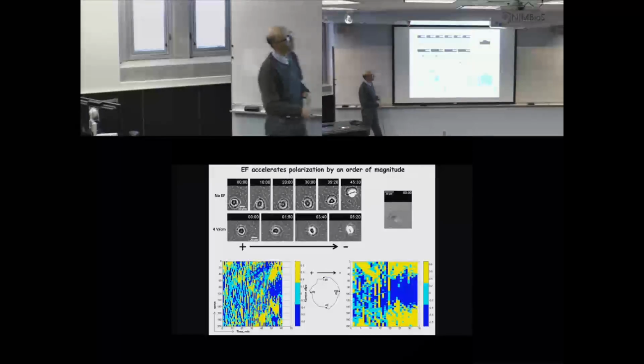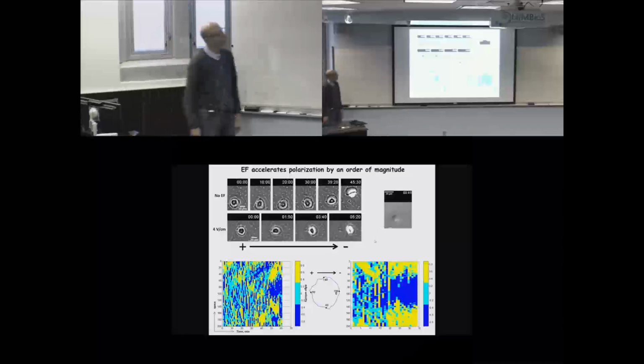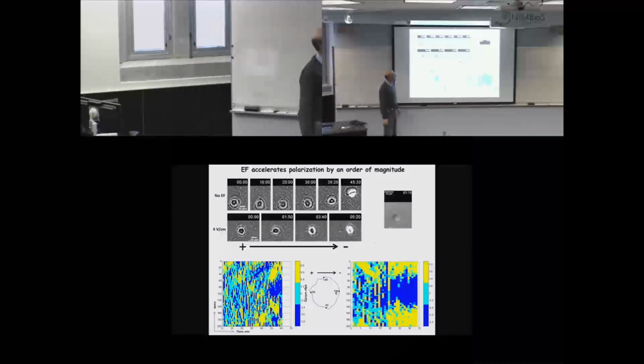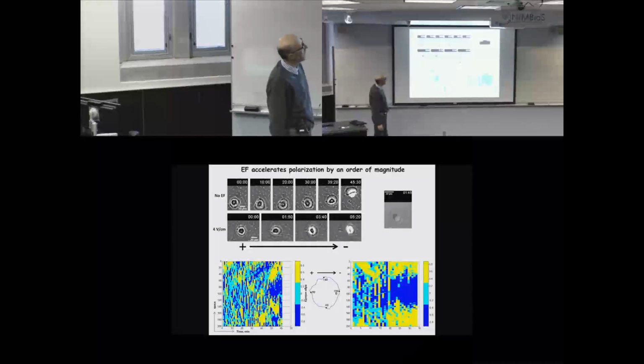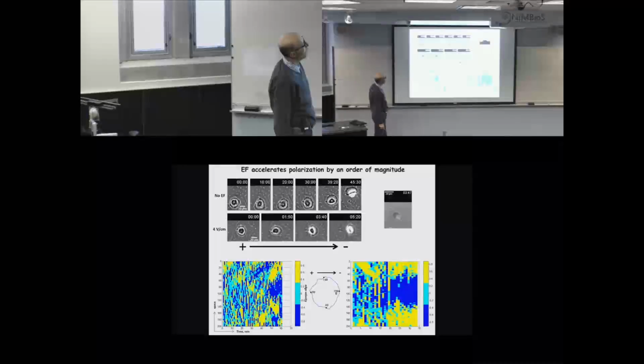I'll just mention one interesting thing about how electric field affects the polarization of the keratocytes. So you saw that keratocytes can polarize by themselves. What we did was we put the stationary keratocytes in an electric field, and they also polarized and started moving.